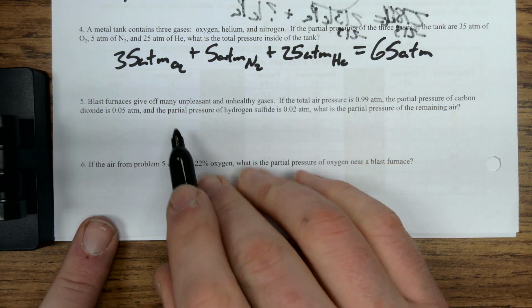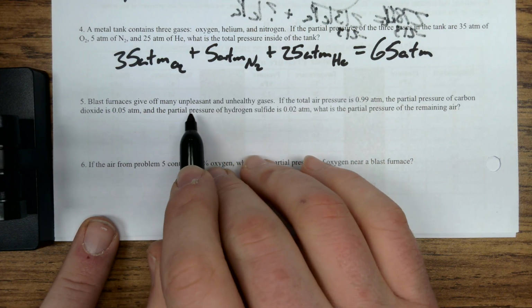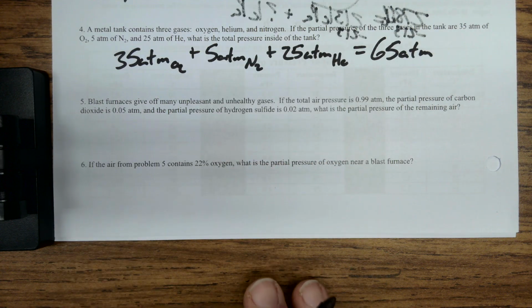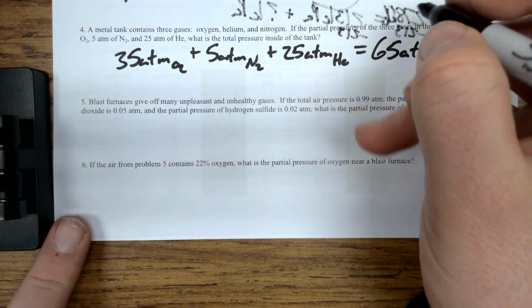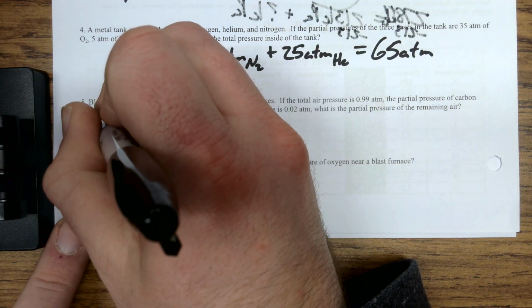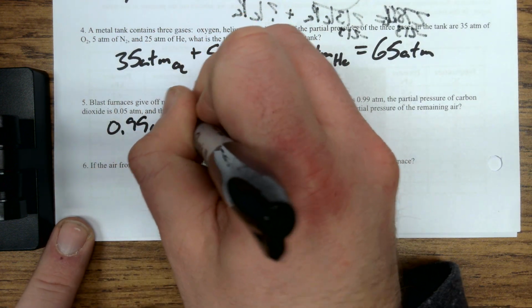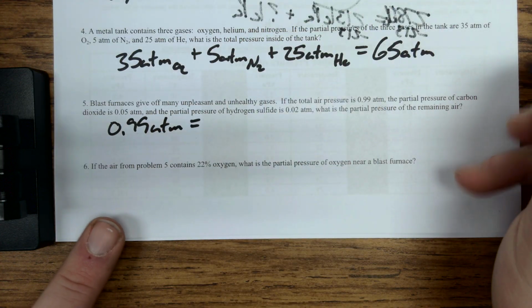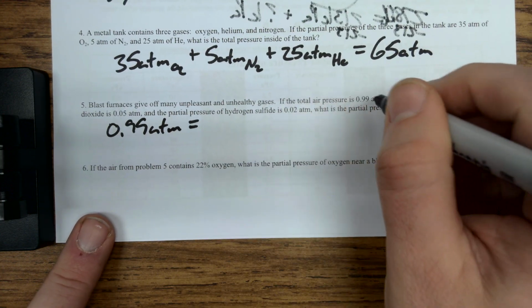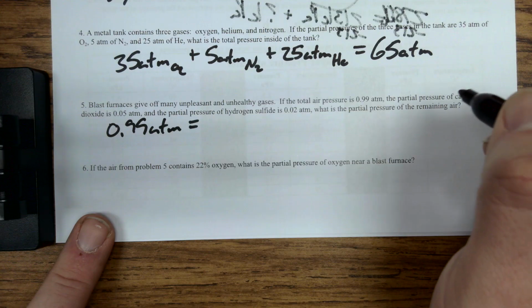A blast furnace gives off many unpleasant and unhealthy gases. So I have an air total pressure of 0.99 atmosphere.